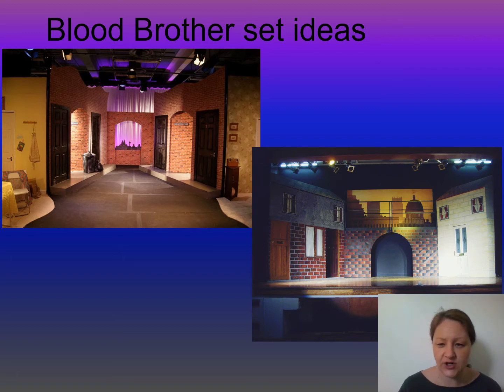You've got different entrances and exits that can be used, so the archway. You've got a higher level in front of the projection, where Mickey and Eddie, for example, can meet, or Mickey and Linda can be when they're looking out over the city. And then it gives you lots of scope for the various other scenes.